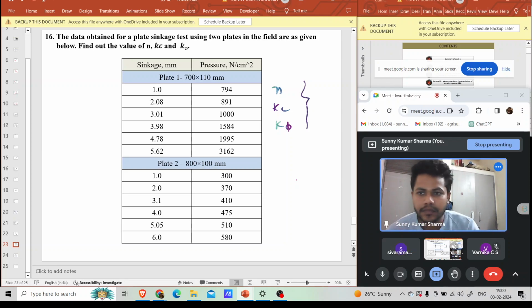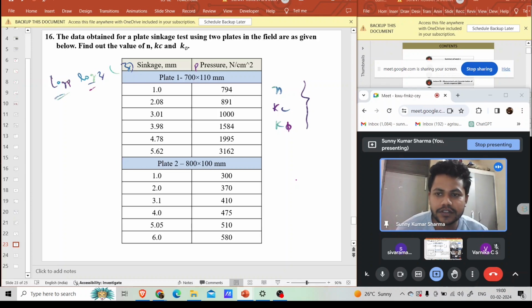If suppose this sinkage is Z and this pressure is P, you have to calculate log P and log Z. You must be having a calculator with yourself. We were getting some curves.